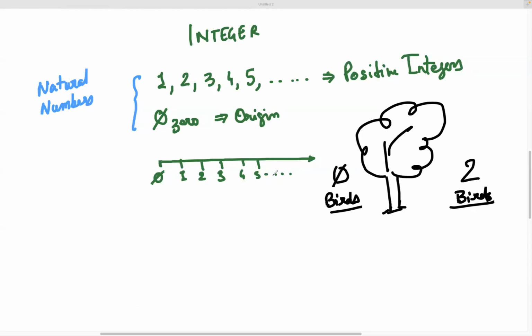Now, apart from the positive numbers, there are also negative numbers, and we call them negative integers. These would be -1, -2, -3, -4, -5. So these numbers are called negative integers.